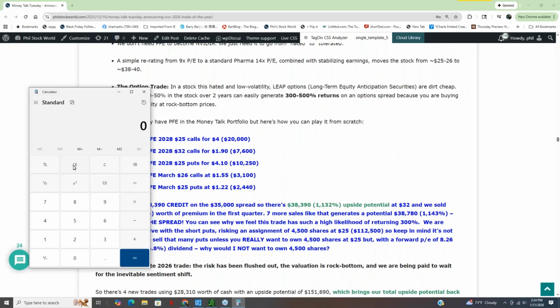So should I multiply by 4? I'm just going to multiply by 3 though, just to keep it clean. So if you start with $10,000 right now, 2026.